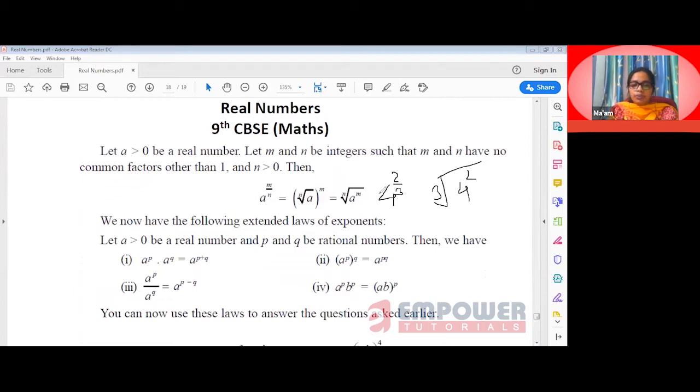Or you can write 2 by 3 as 1 upon 3 into 2, right? So I can write it as 4 raised to 2 raised to 1 upon 3. Can I write this 4 raised to 2 by 3 form into this form?